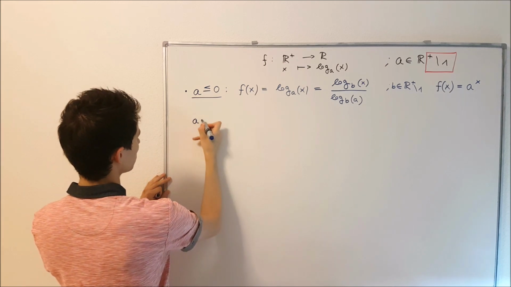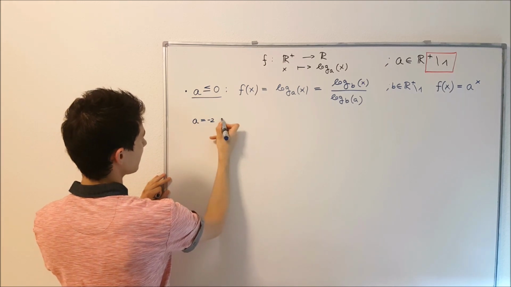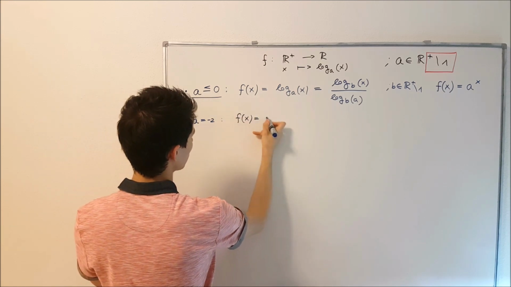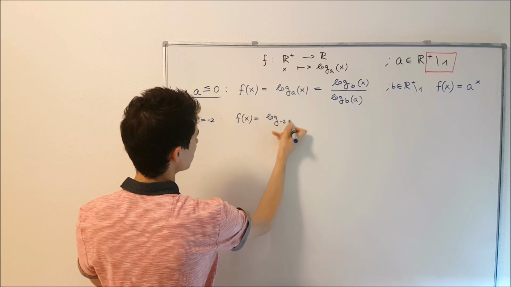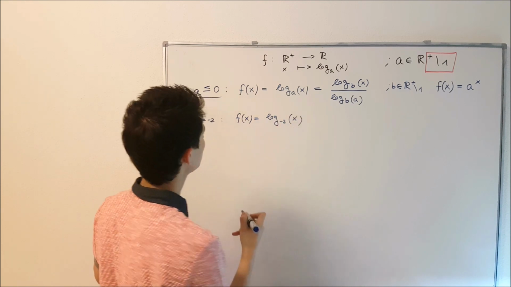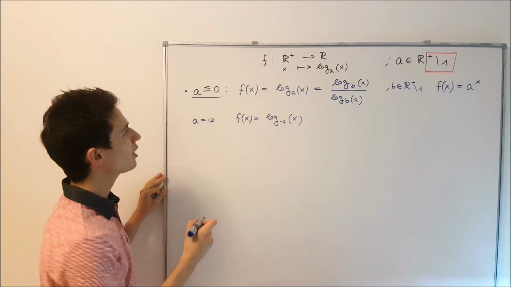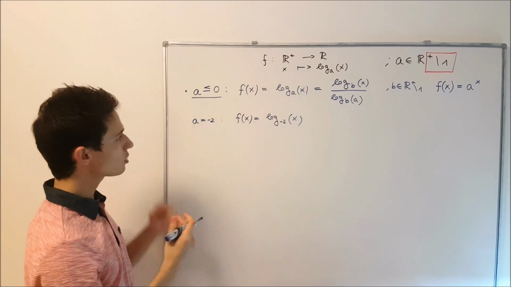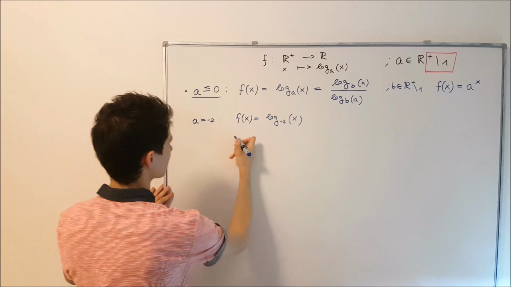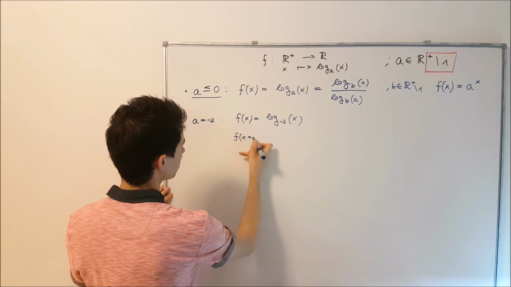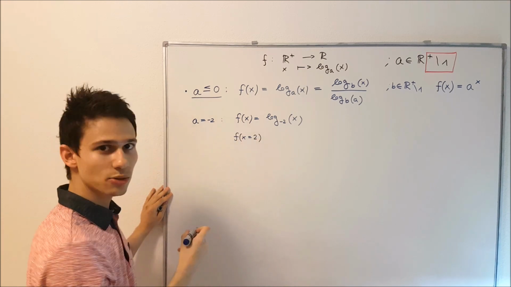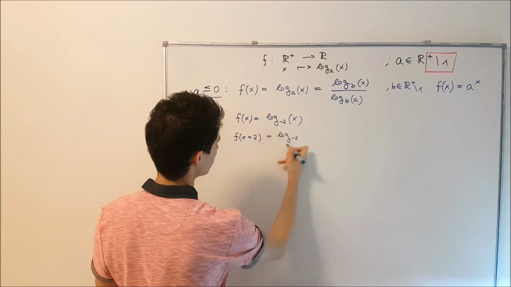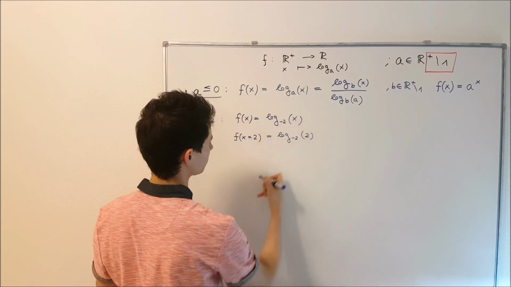If a was equal to minus 2, then we would have the function f of x is equal to the log to base minus 2 of x. We said that the logarithm should be defined for all real values of x that are positive. So also, for example, for x being equal to 2, then this would be the same as the log to base minus 2 of 2.